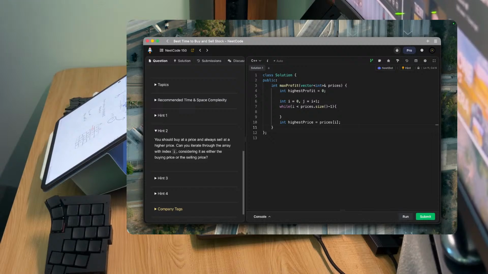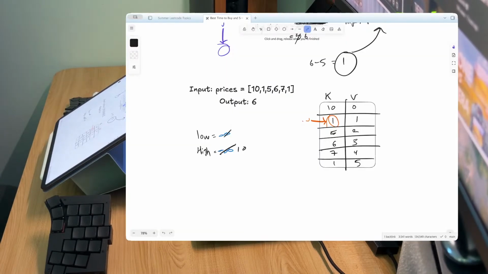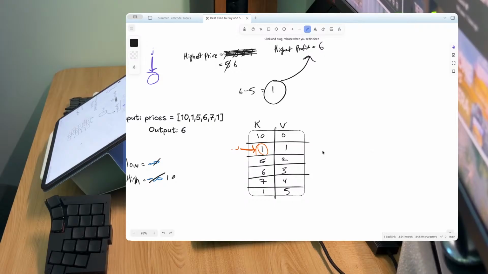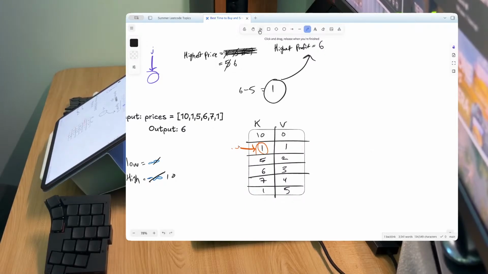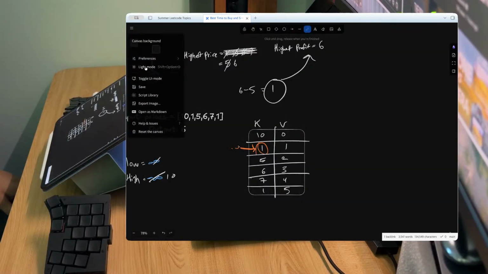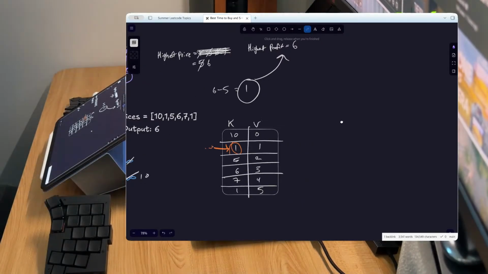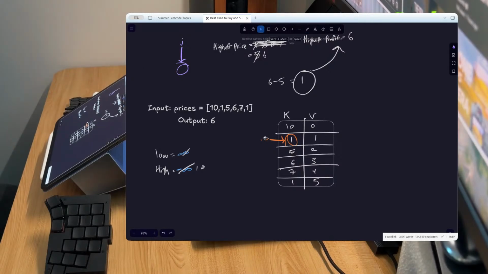Let's go back to the whiteboard. I think I know how to solve this. Okay, we'll scrap this, except for, let me make this darker too. I'm going to take these pointers.